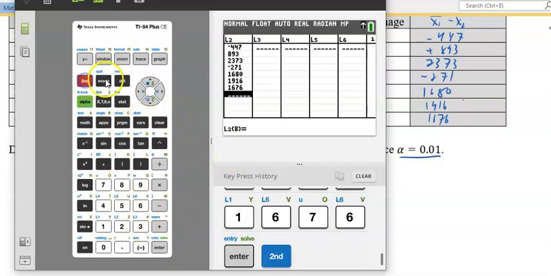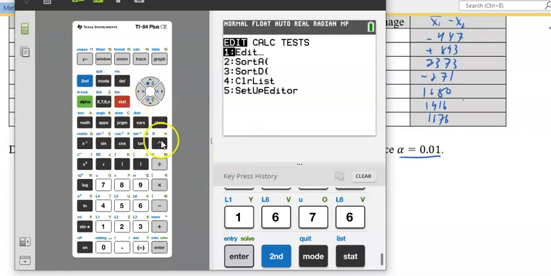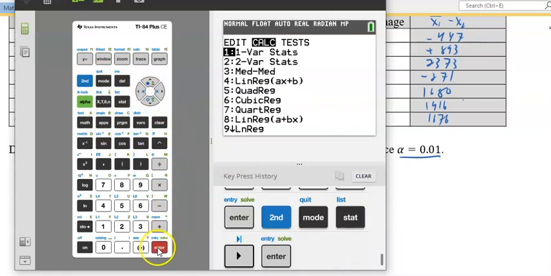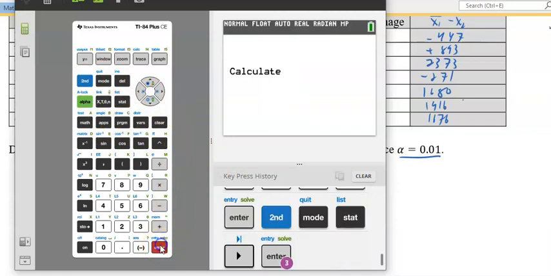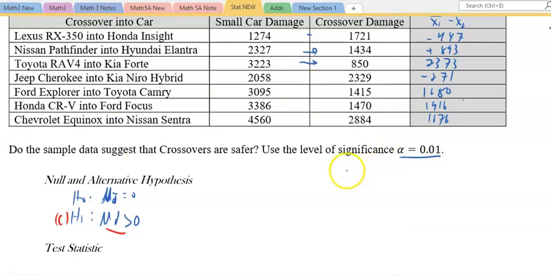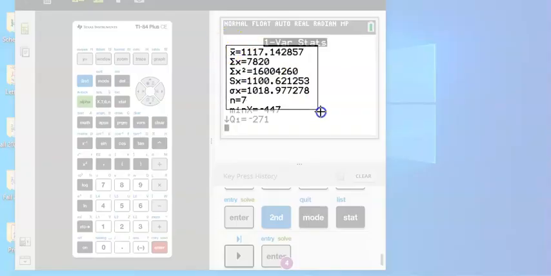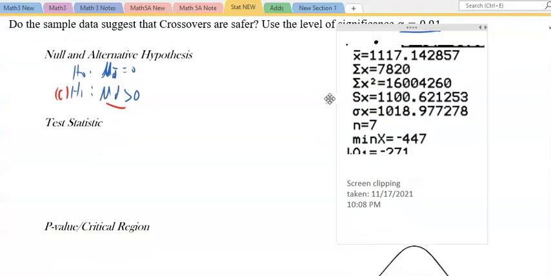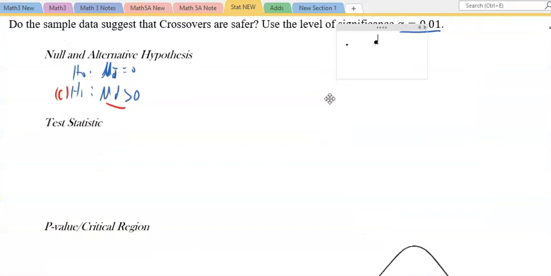And if I go to statistics, calculate, here it is. So if I copy down what that says, I just need a few of those. I don't need a whole bunch.